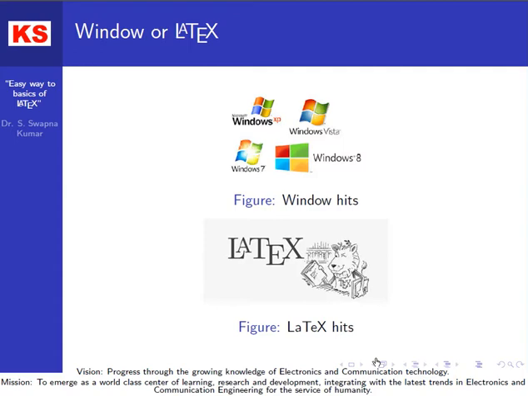These are the basic professional processing software which are widely used in various applications. But when we talk from the academic platform or from professional documentation in the academic world, then LaTeX plays a major contribution.